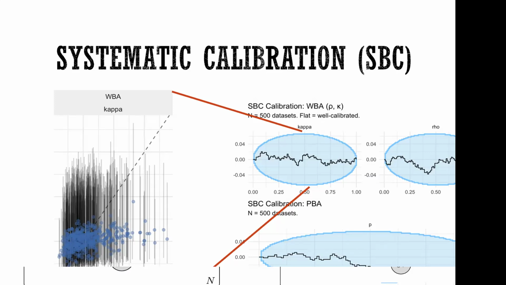Think of it in the most obvious way. Imagine that your parameter goes from 0 to 5, and you put a very strong prior that it's 0.5. Your estimates are going to be clustering around 0.5 because that's what you're telling the model that it is. And that will be a very uncalibrated, a very biased estimate.